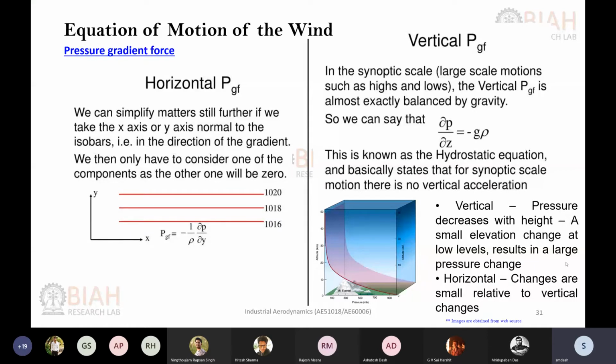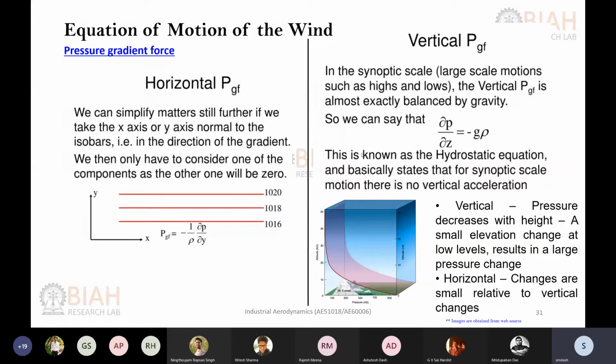So this is what I have summarized for the vertical and horizontal pressure gradient. In the vertical direction, pressure decreases with height. A small elevation change at the low level results in a large pressure gradient, as I have already said. In the horizontal direction, the pressure gradient force is in general smaller compared to the vertical direction.